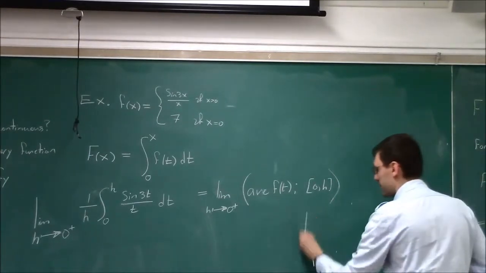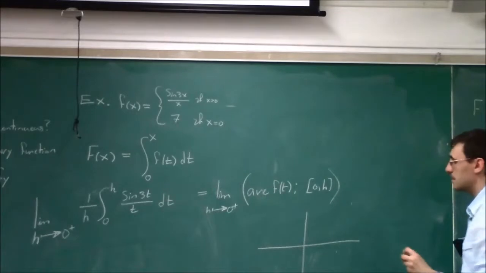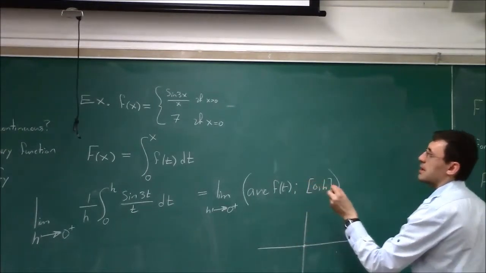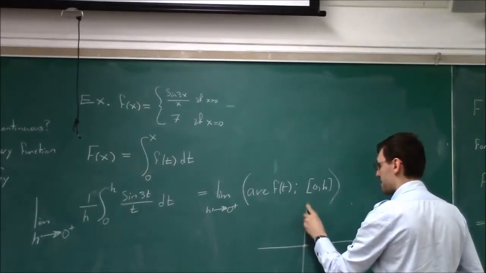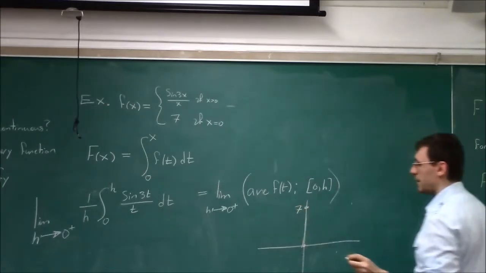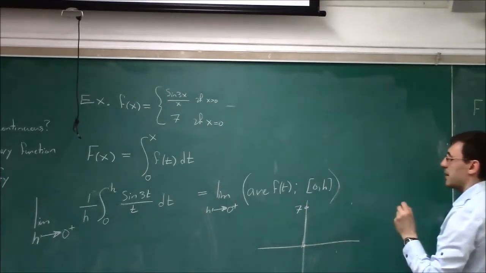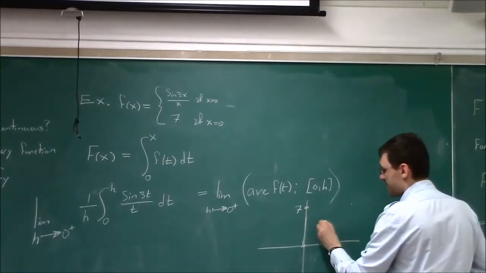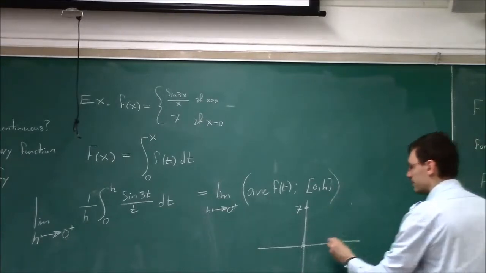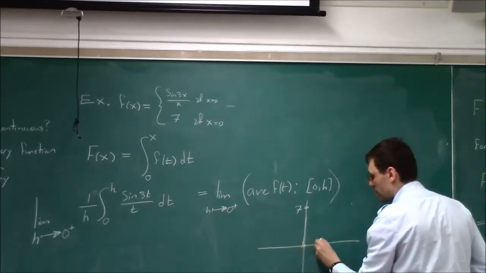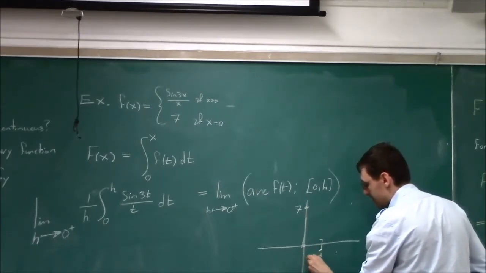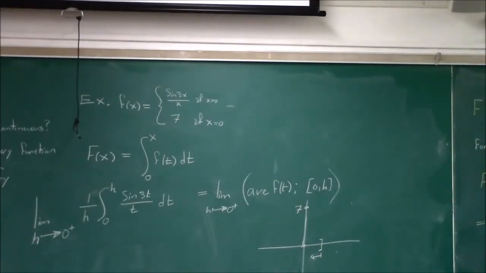Now what would that average be? So at 0 the function is defined to be 7. Now what is the function like when I am very close to 0? So notice h is going to 0. What's the function like if I push h towards 0?